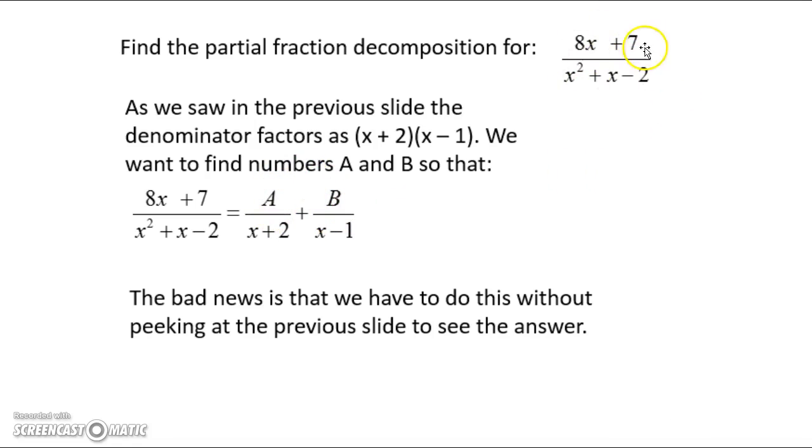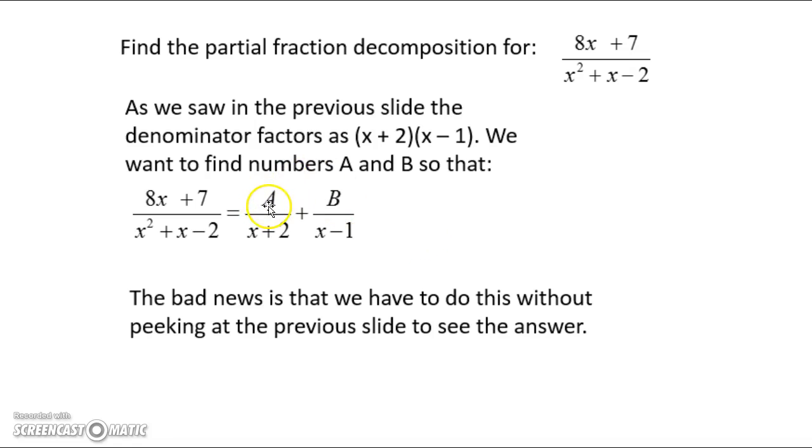We just know what the final product was of adding those two terms, those two fractions together. So as we saw in the previous slide, the denominator factors to x plus 2 times x minus 1. So we have two linear factors in our denominator, and we know that we had numerical numerators, but we don't know what they were. A and B is what we're going to write.